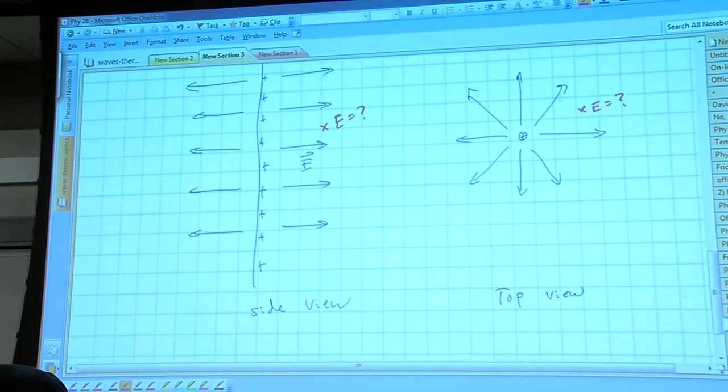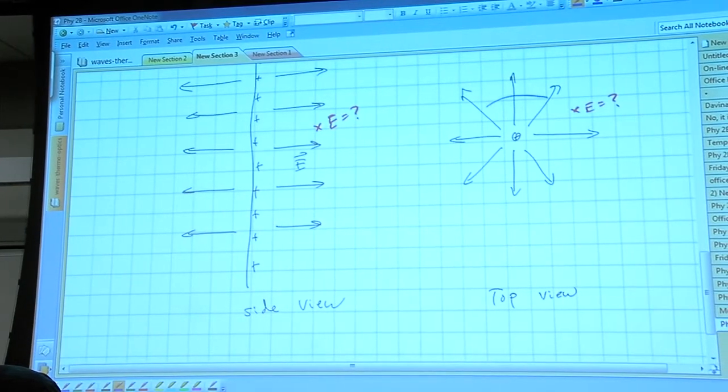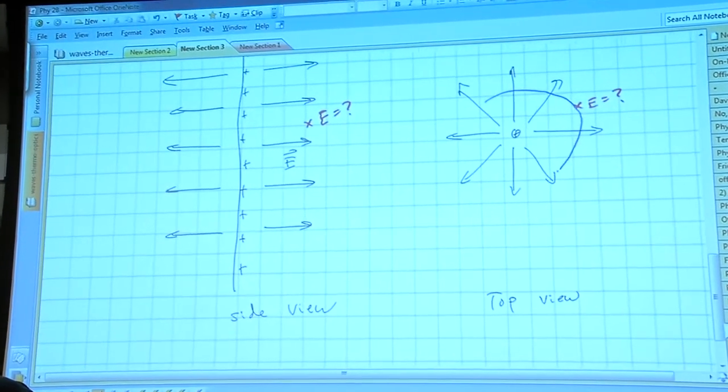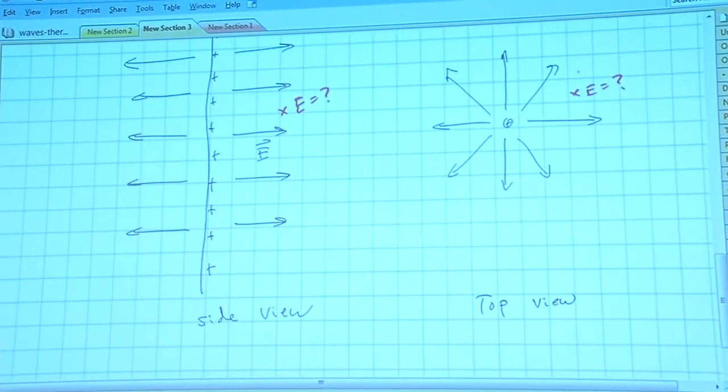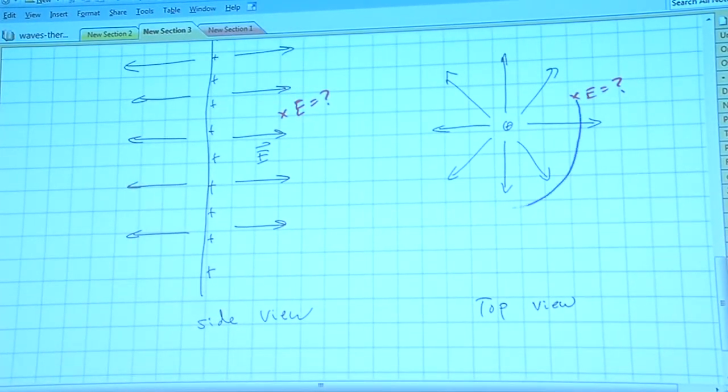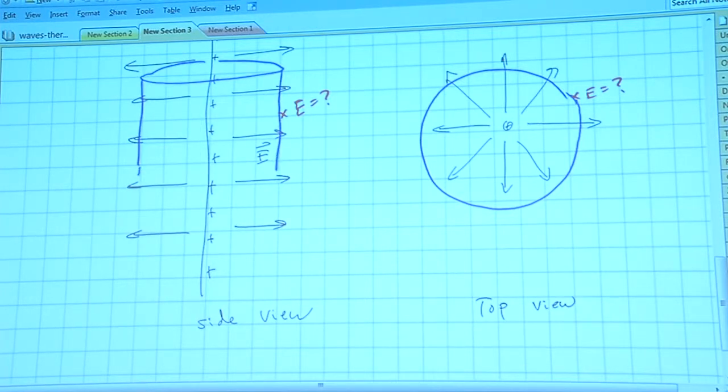So looking down from the top, that's not very good, is it? That's a little bit better. And looking from the side, we would draw a cylinder, right? Something like that.